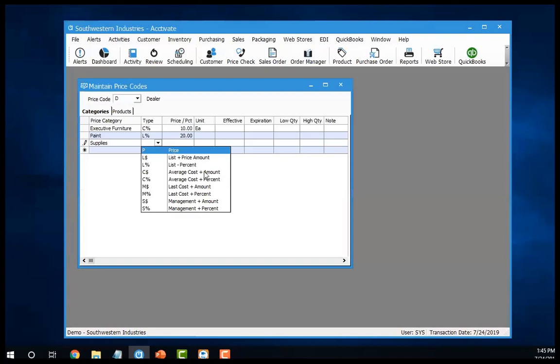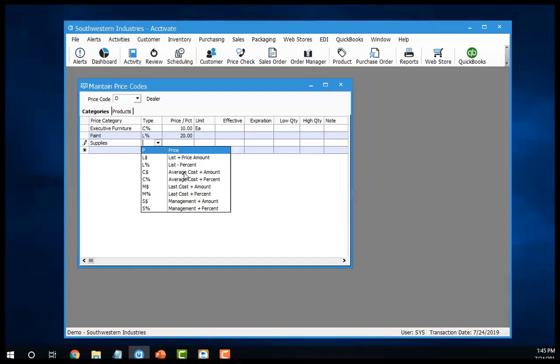You'd use something like the list price, whatever the list price of that product is, and add a percentage to that. So if the list price is $10 and I'm adding 10%, then when that product populates, it shows up as $11, because that's how that works.